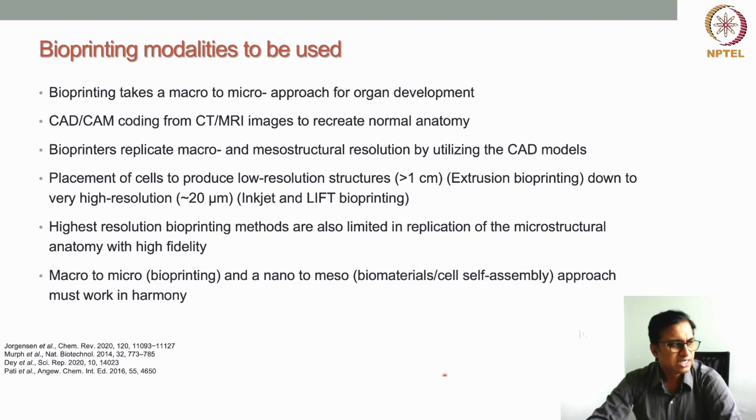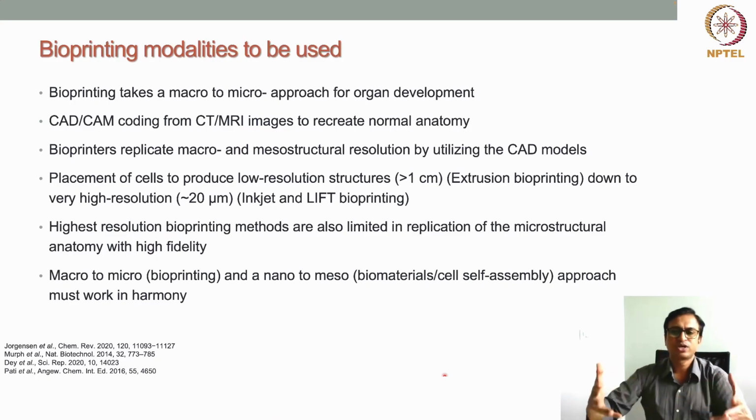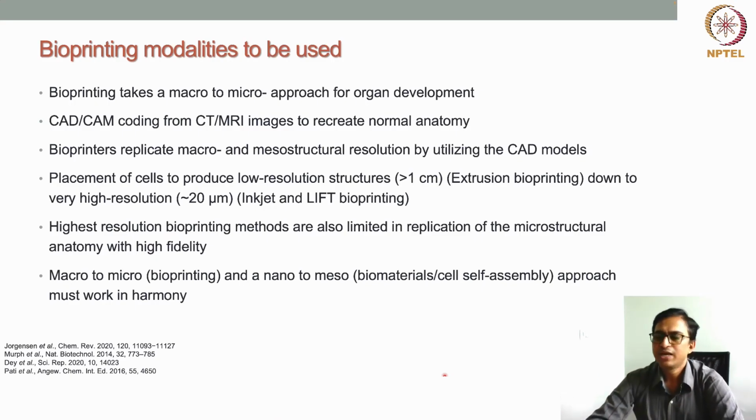Certain bioprinters, where the resolution is not that great, can work on centimeter level size of tissue. But certain bioprinting modalities have very high resolution, something like 20 micron or so, which we can definitely reach with inkjet or LIFT bioprinting.